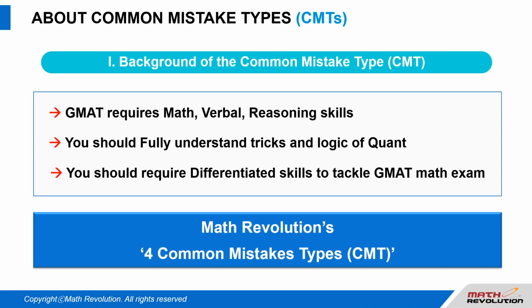Achieving this goal is not possible if the GMAT offers only calculation problems. These differentiation skills are necessary to tackle DS questions and to understand the relationships between DS questions and the 4 common mistake types. As far as I know, common mistake types is the peak of the GMAT math logic.